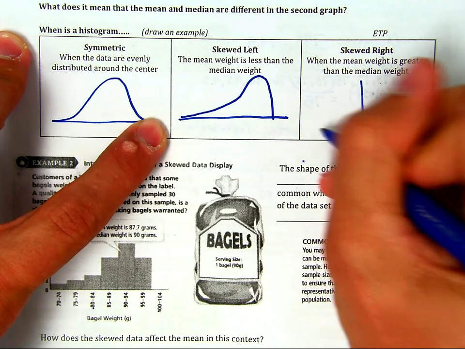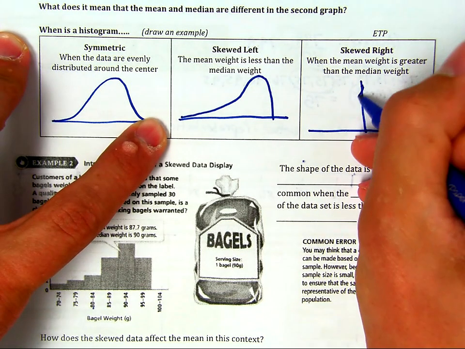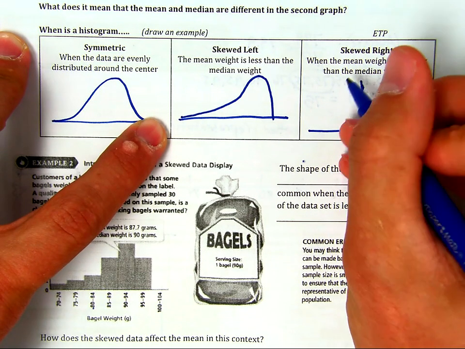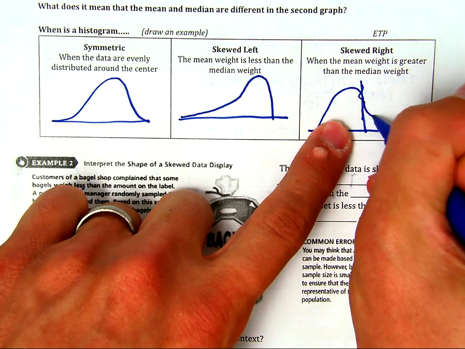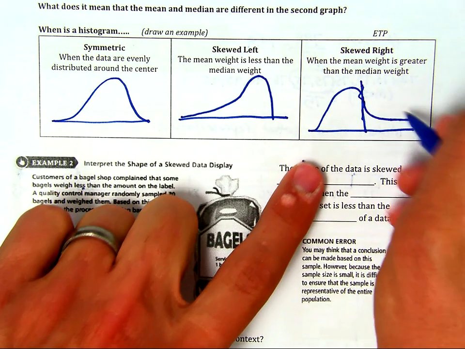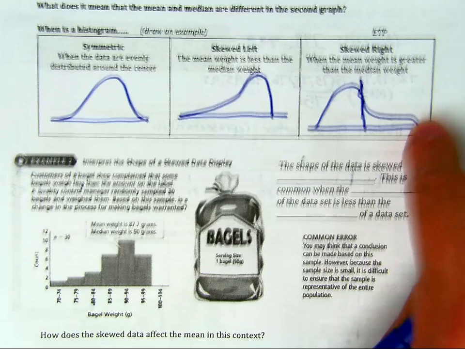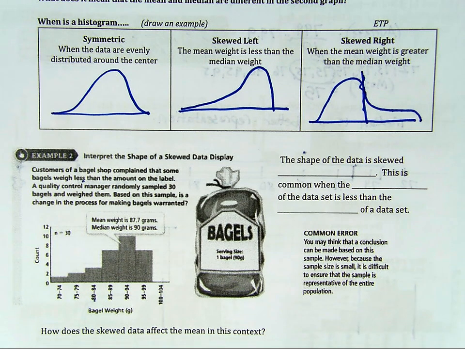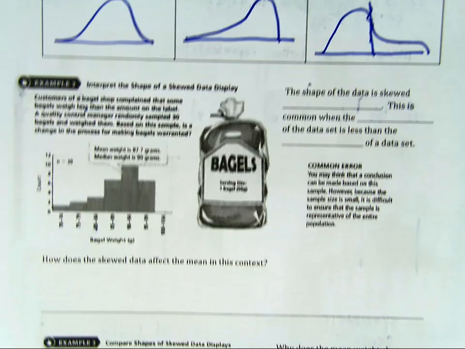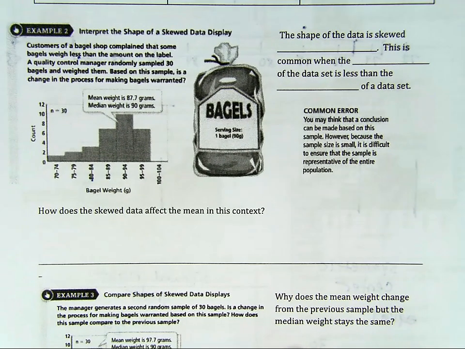Skewed right, I didn't mean to draw that, sorry. Skewed right: the majority of your data is going to be on the left, but all of these little data points over here are going to cause your average to increase. So we say that is skewed right. Now we're going to look at a couple other examples and how we can use this to interpret the information. So let's take a look at examples 2 and 3.